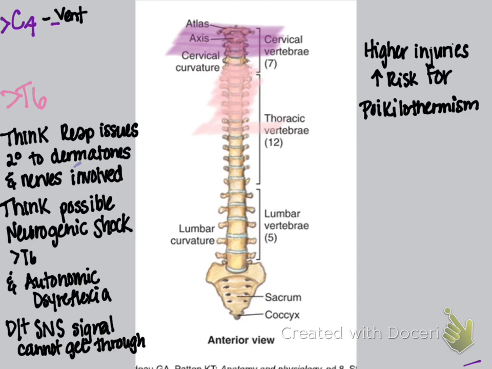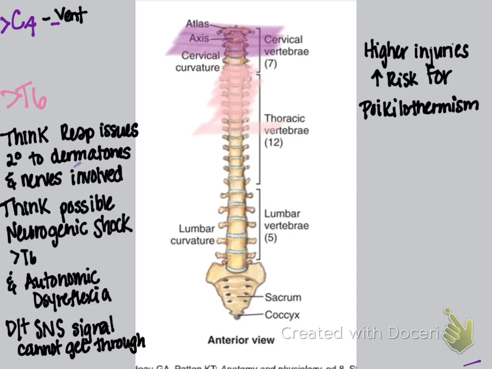Your sympathetic nervous system cannot get the signal through. So it kicks in, but you have inability of the vessels to constrict. So you have decreased venous return, decreased preload, decreased stroke volume, decreased cardiac output. So think about that. With greater than T6, you're at increased risk for autonomic dysreflexia.